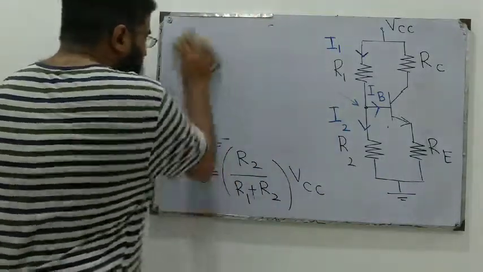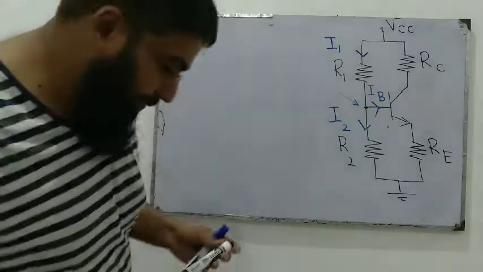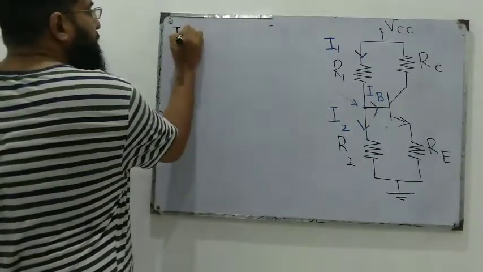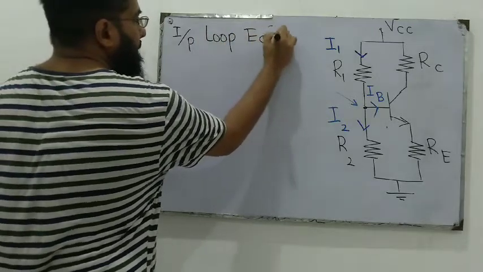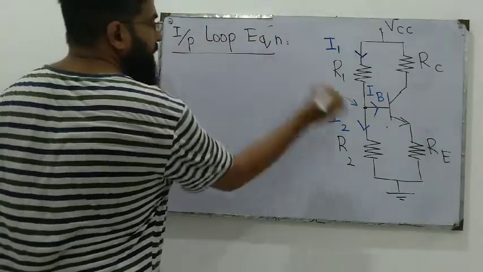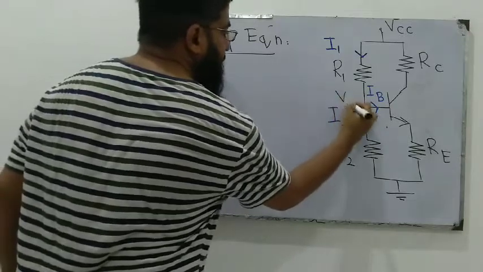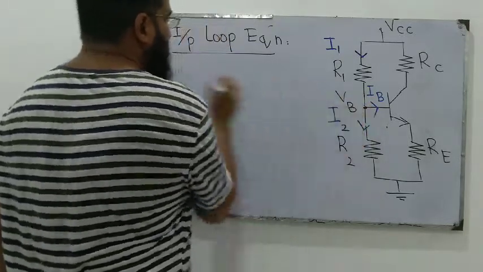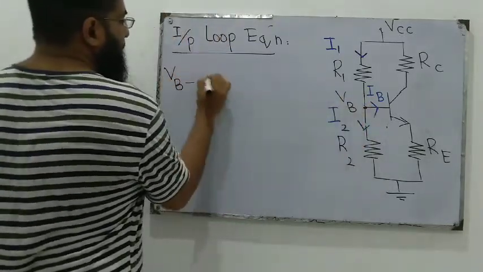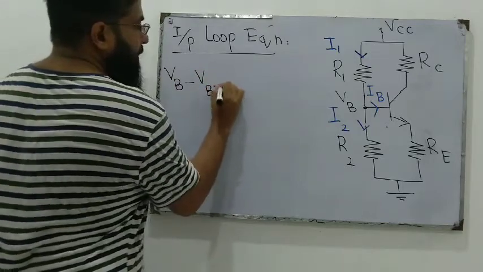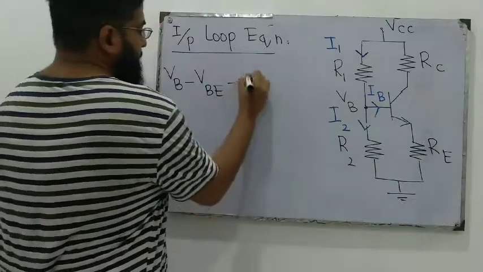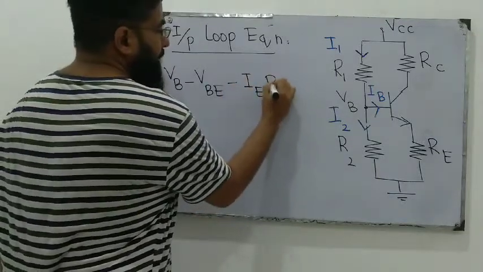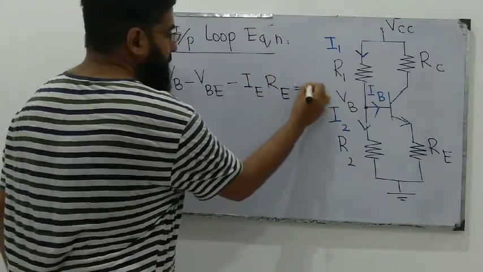Let's write the input loop equation. The Kirchhoff's voltage law equation for the input loop, starting from VB, the voltage at the base terminal, is VB minus the voltage drop across the base emitter junction, VBE, minus the voltage drop across Re, is equal to 0.